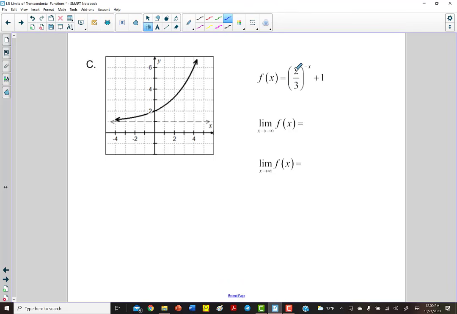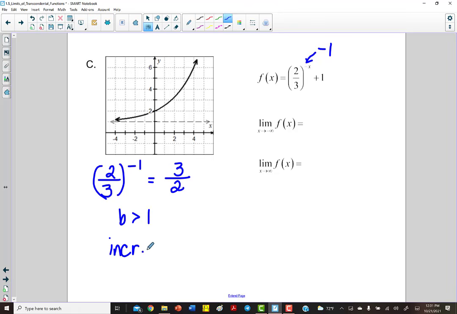In example C, our base is 2/3. So 2/3 is between 0 and 1. This is an increasing function because the power on the x, the leading coefficient on the x, is -1. And 2/3 to the -1 power tells us that we have a reciprocal of 3/2, and that the base is bigger than 1, so this is an increasing function.